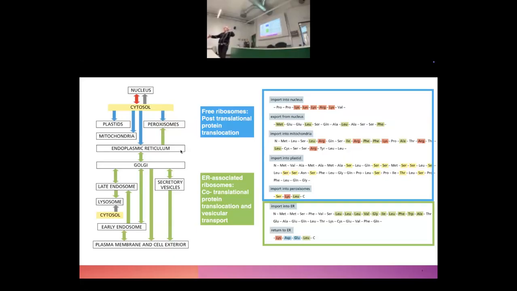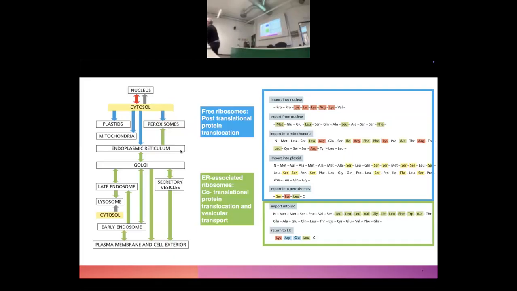If there was no hydrophobic region, the whole translation process would have gone with the protein going through the channel, and this one would have been completely inside the lumen of the endoplasmic reticulum.